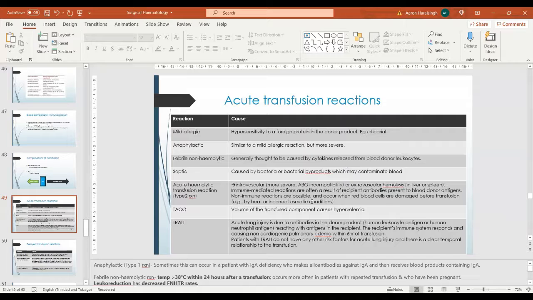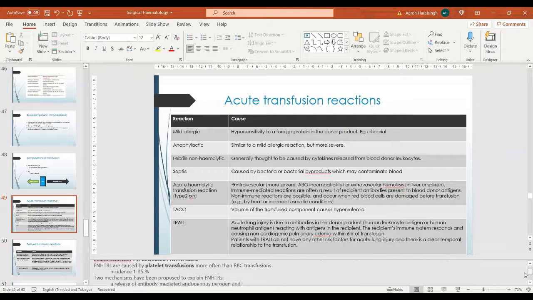It's usually due to ABO incompatibility. These are immune-mediated reactions, and they're a result of the recipient antibodies reacting to blood donor antigens. Non-immune reactions are also possible if the red cells are damaged before transfusion, for example, due to heat or incorrect osmotic conditions.